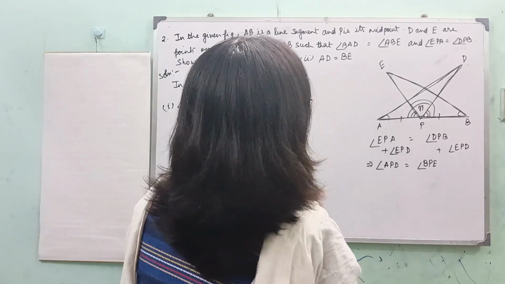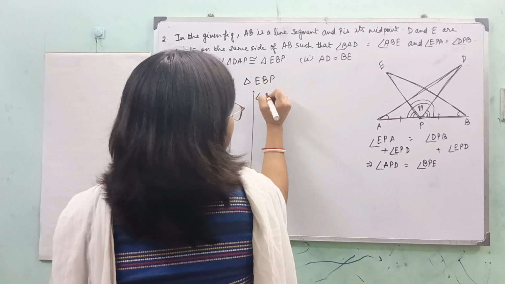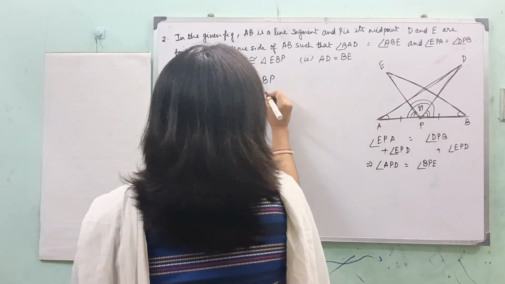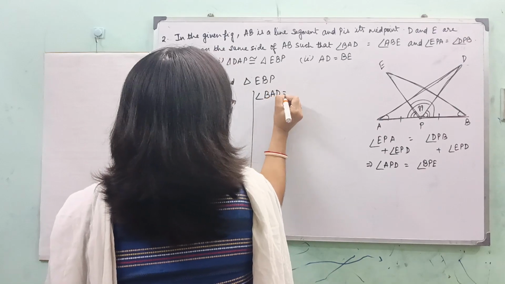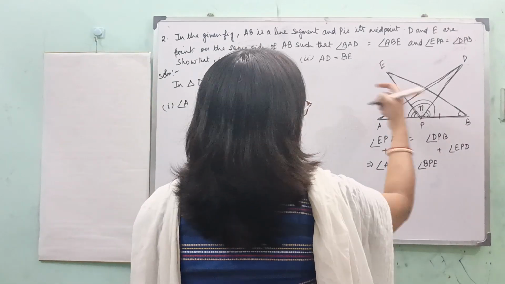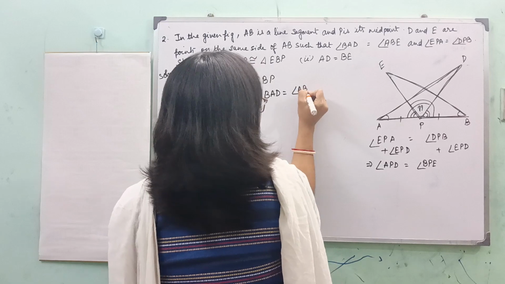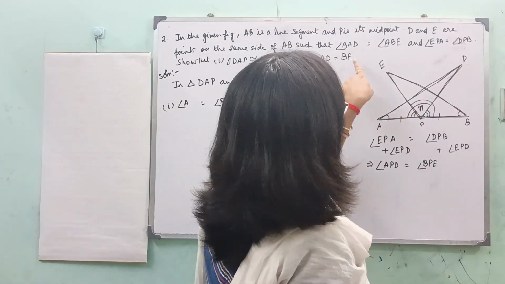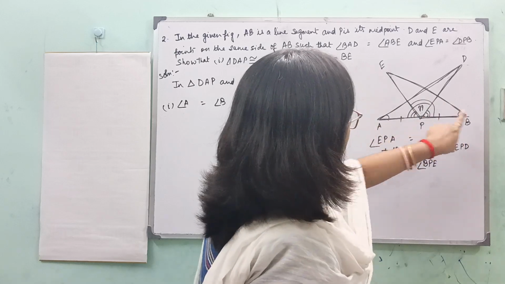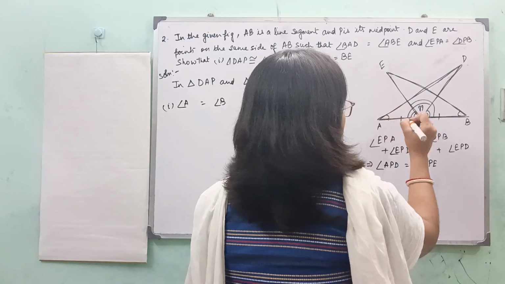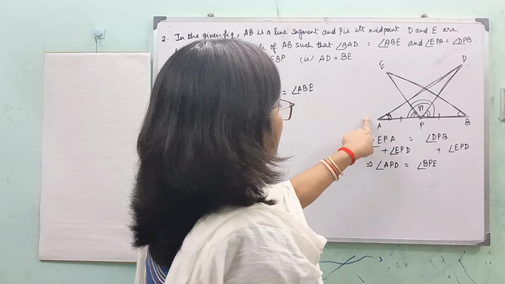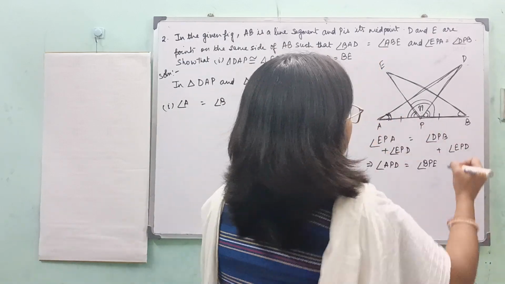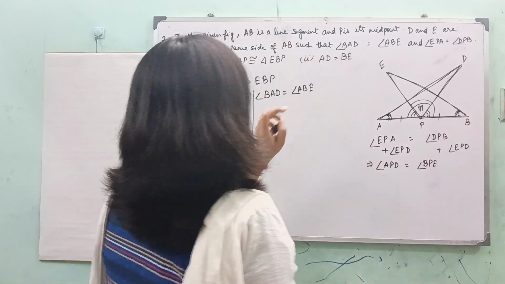It is given to you that angle BAD equals angle ABE. It was already given to you, that is BAD, this angle, is equal to angle ABE, this angle. So we can write angle A is equal to angle B.